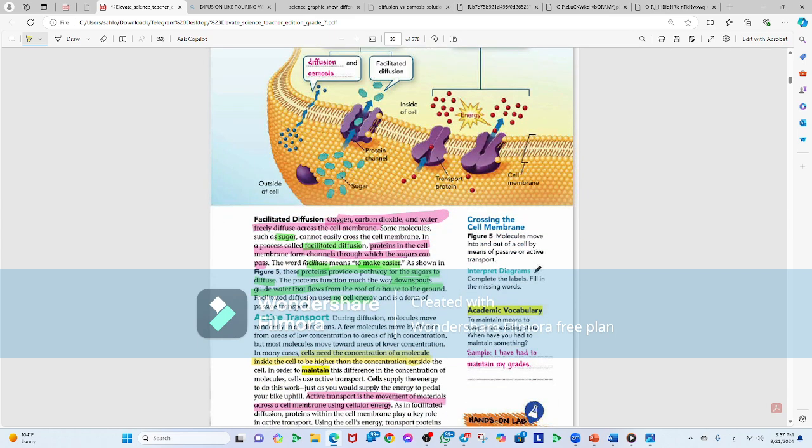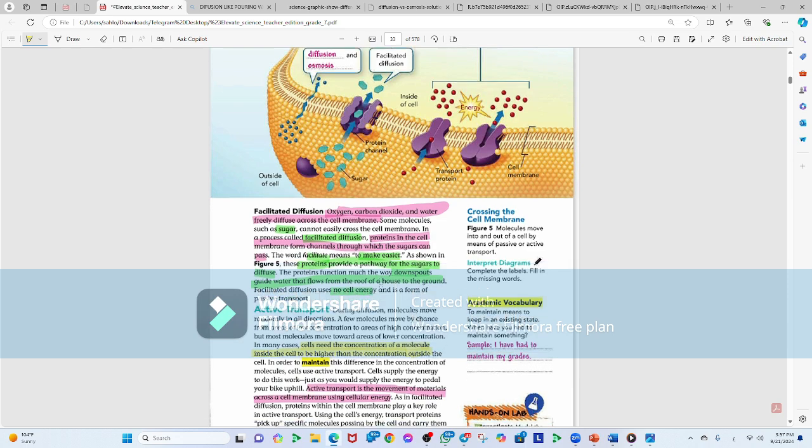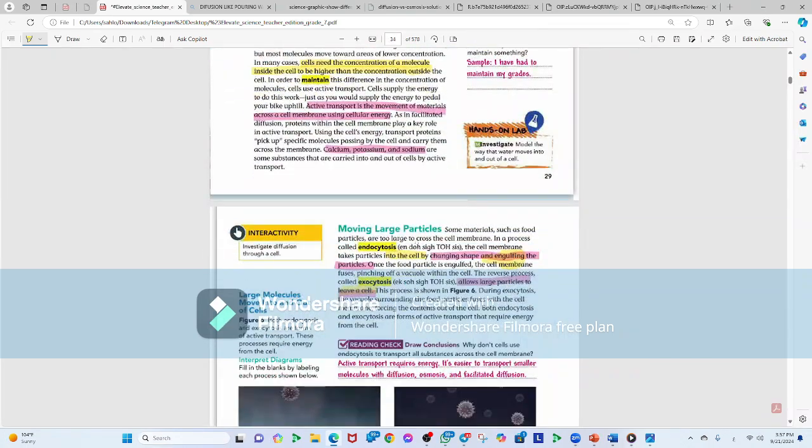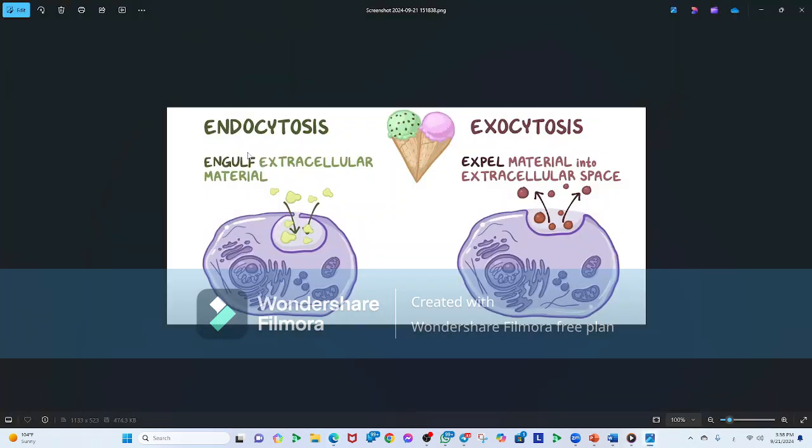Okay, active transport, we have two types: endocytosis and exocytosis. Let's see here at the picture. Endocytosis engulfs extracellular material. So here there is extra material.